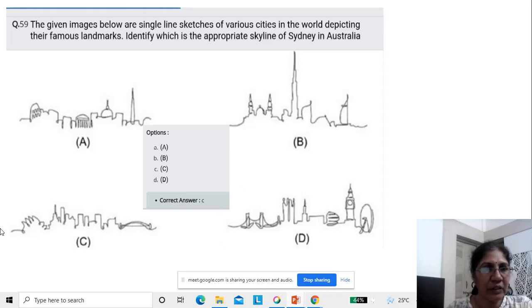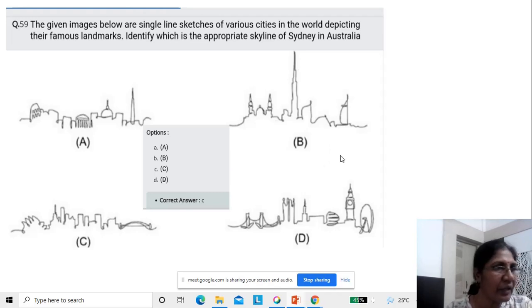Correct option is C, because here we can see the outline of Sydney, Australia, Sydney Opera House. One thing we should learn out of such questions is how to identify the structures, and for this we should also know the important buildings and important structures of the city from a tourism point of view.